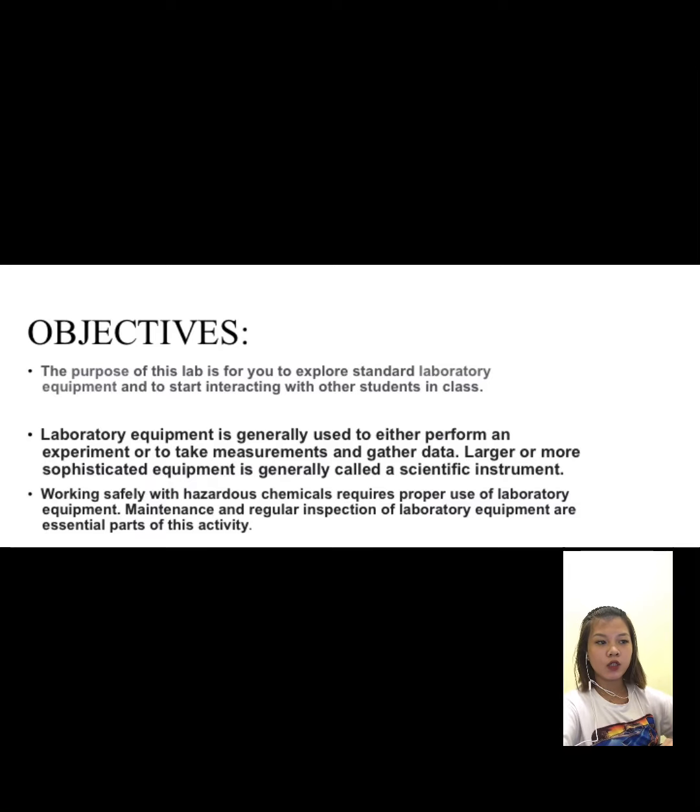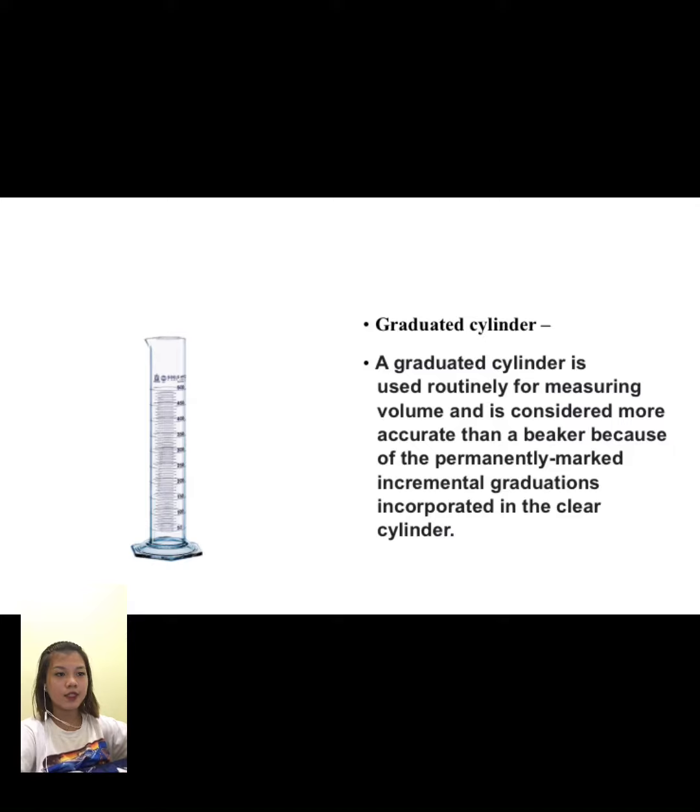Larger or more sophisticated equipment is generally called a scientific instrument. Working safely with hazardous chemicals requires proper use of laboratory equipment. Maintenance and regular inspection of laboratory equipment are essential parts of this activity. The first is graduated cylinder.